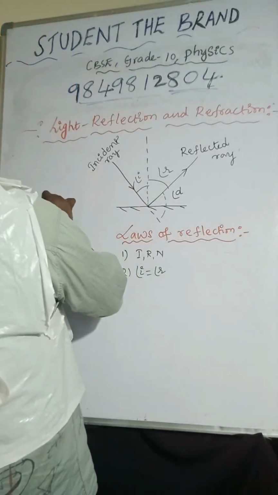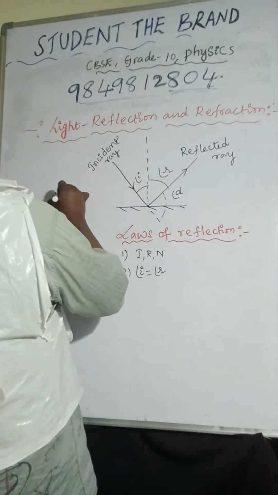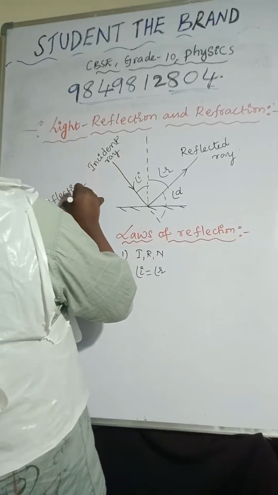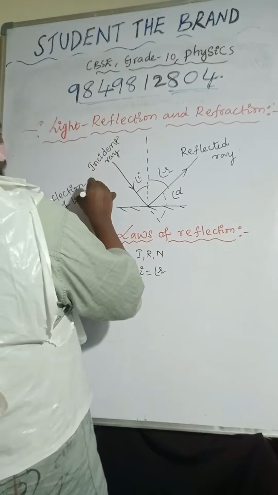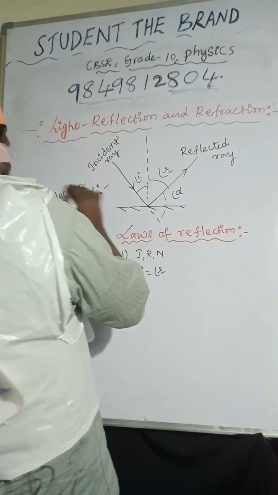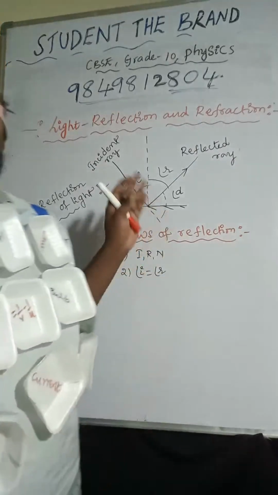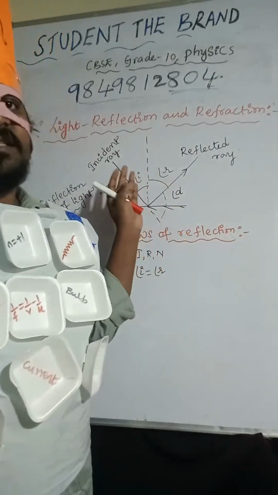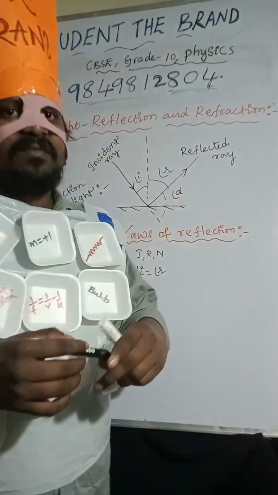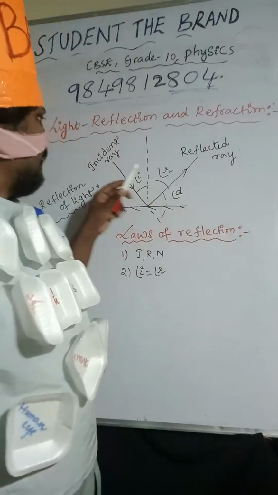Reflection is nothing but the bouncing back of light from the reflecting surface. The light ray which is incident on the surface is called the incident ray.